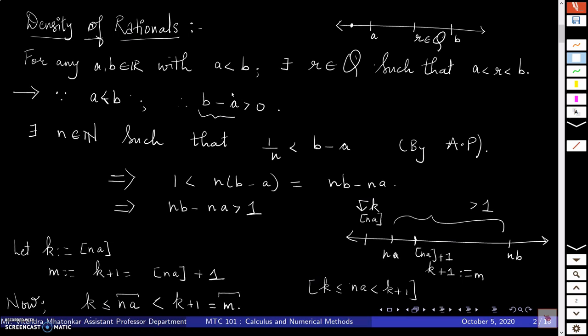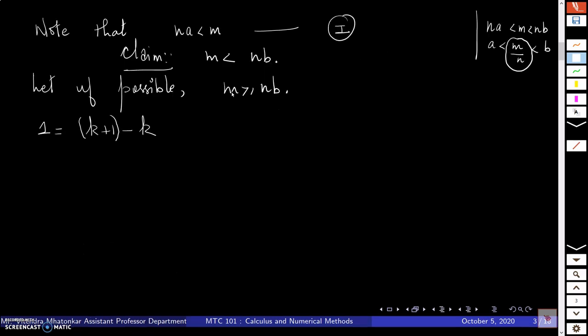That means I can rewrite this as k plus 1 is bigger than or equal to nb, because k plus 1 is nothing but m.